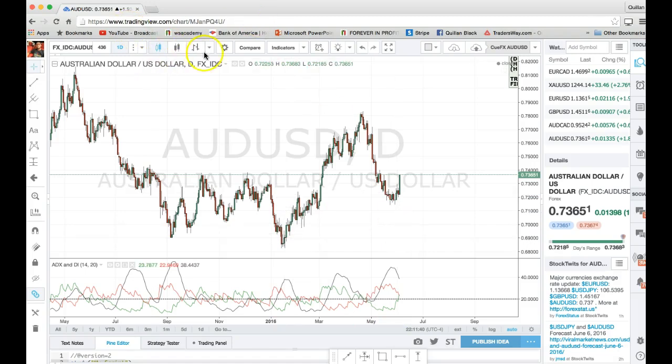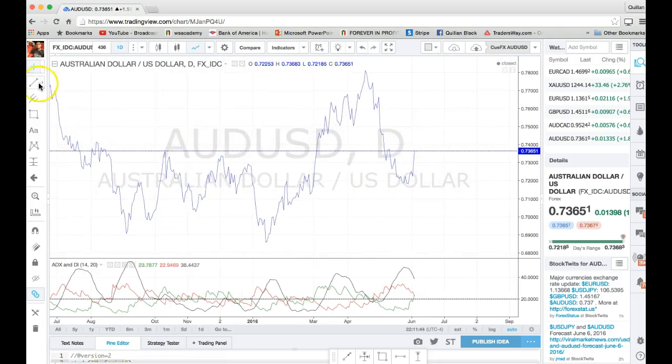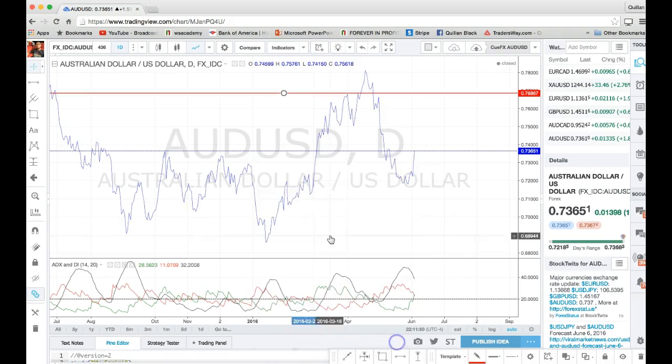So first things first, I go on my line chart like this and make sure that this right here is red. My dailies are my red horizontal lines. I call these indecision levels.